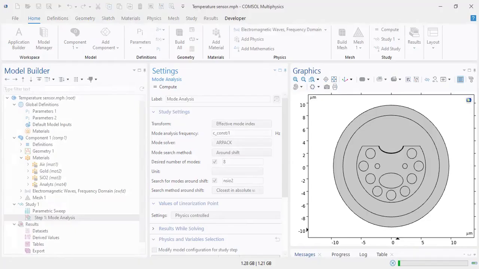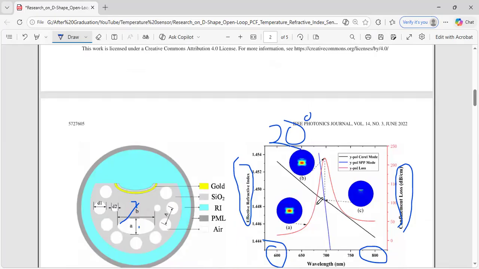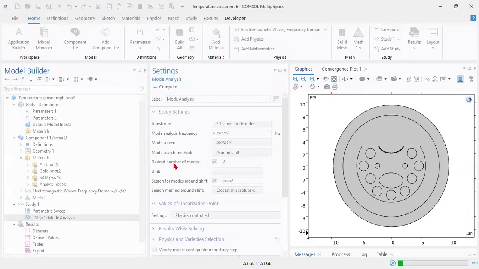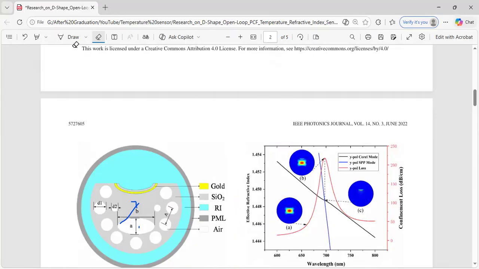Iteration. Okay, so what is the phase matching curve actually? If you know what the phase matching curve is, then we will understand why we need it. So here you see that we are simulating this model from 600 to 800 nanometer, and the wavelength shift is 10 nanometer, right?